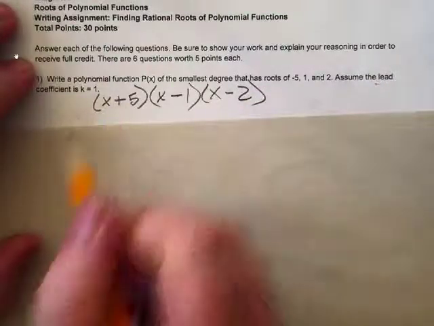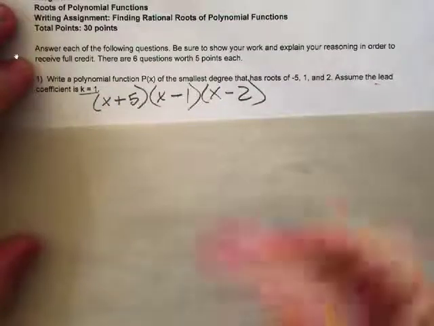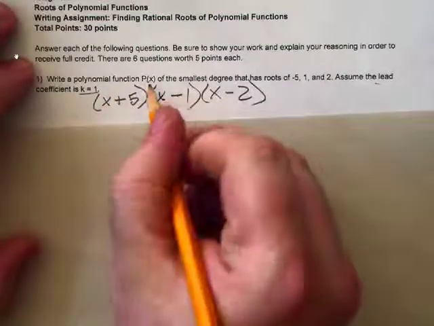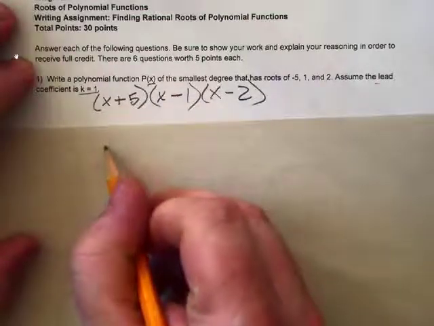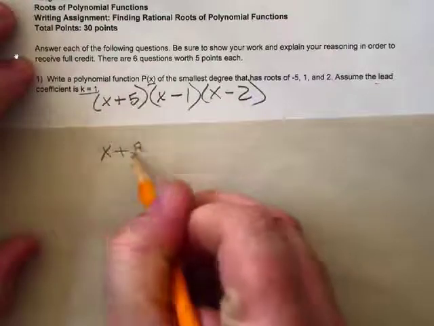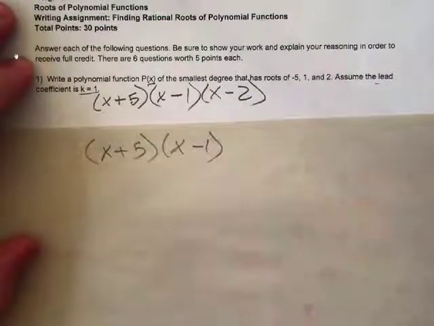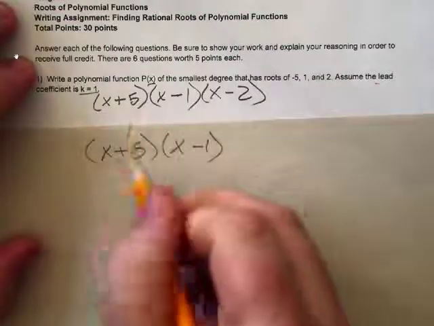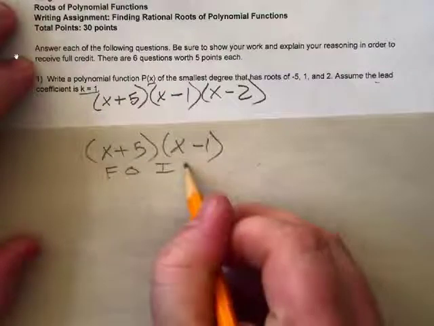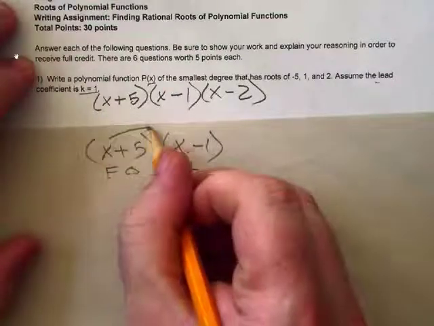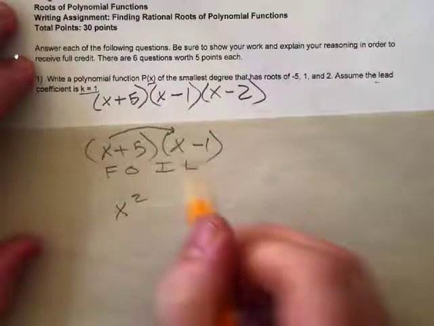We know that the lead coefficient is 1. So let's go through and find out what we can do. I chose x because it's p of x. So let's start with the first one. We have x plus 5 times x minus 1, and we remember FOIL. First times first is x times x, which is x squared.